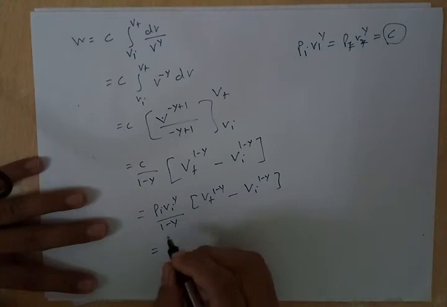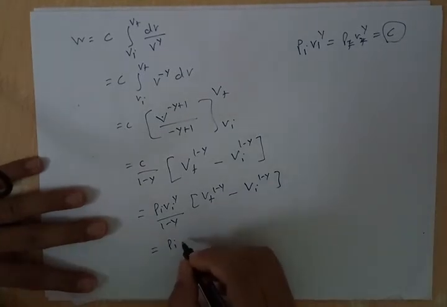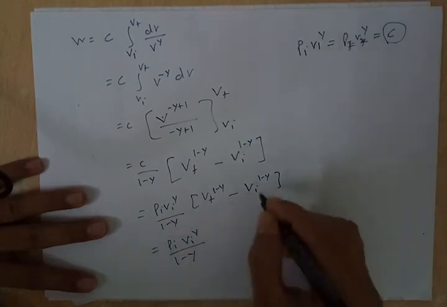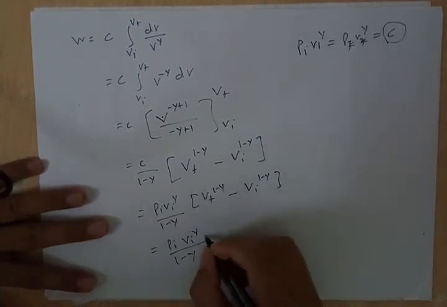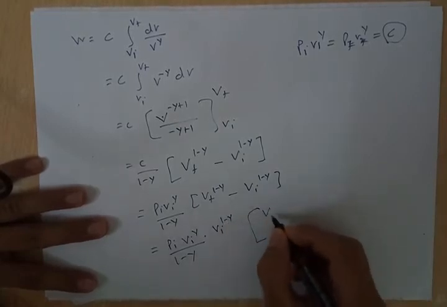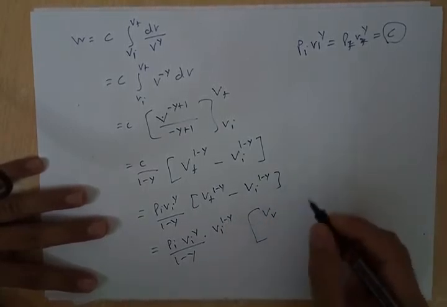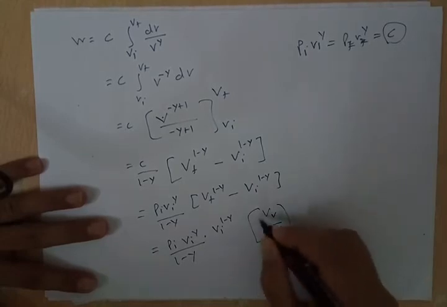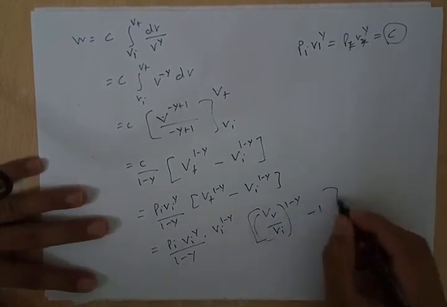Now we will simplify this equation. We will take this Vi term outside. So we can write Vf upon Vi raised to 1 minus gamma, minus 1.